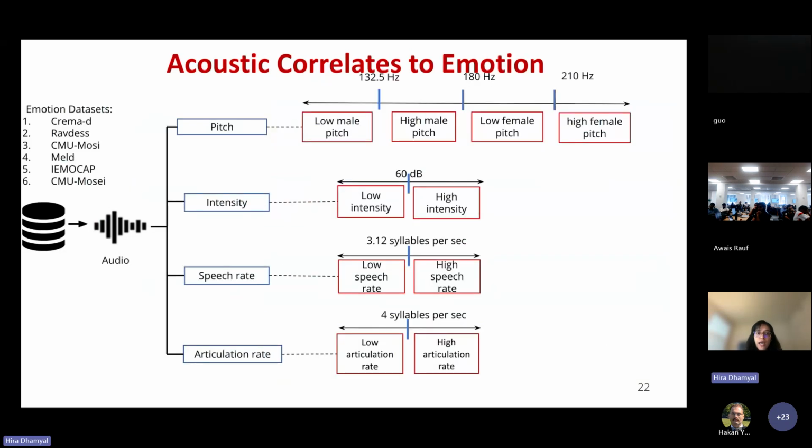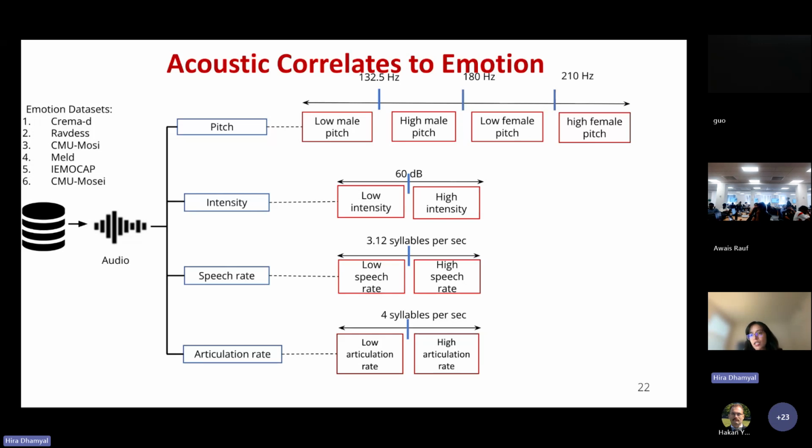So what we do is we extract these acoustic features, and once we have those numbers, we set some cutoffs based on the average numbers reported in literature. For pitch, since this is a very gender-dependent feature, we bin it into 4 different bins based on where the number lies on average.